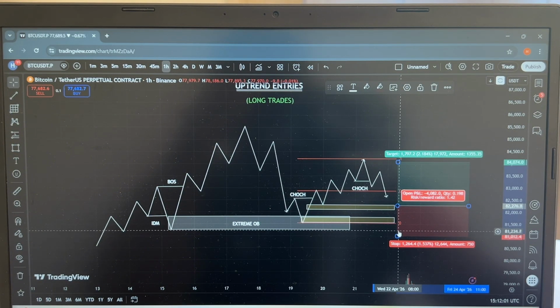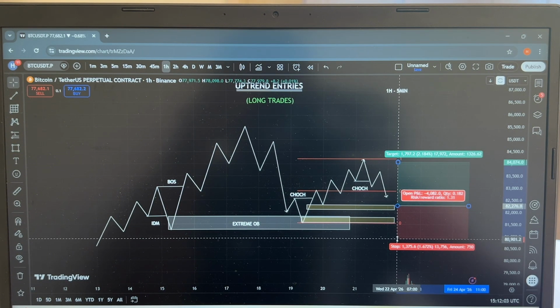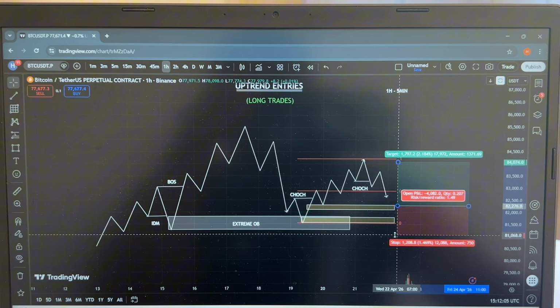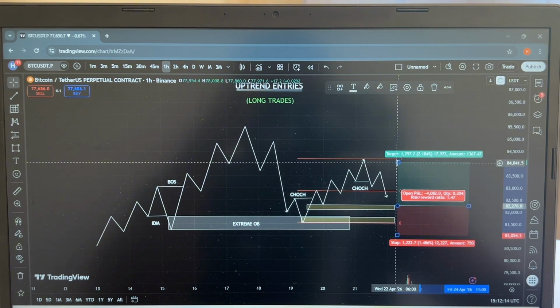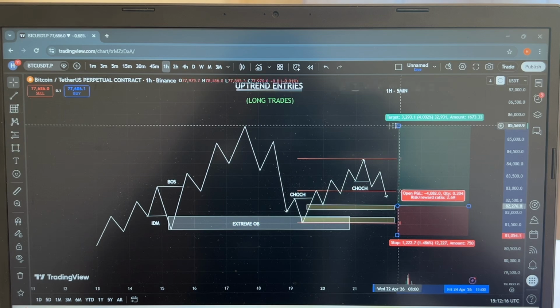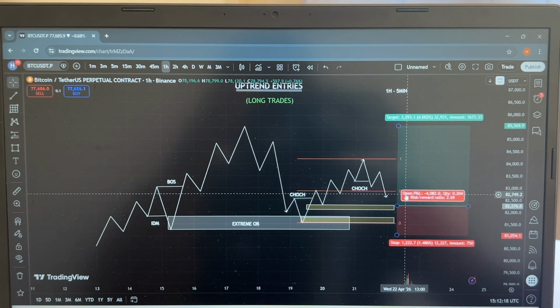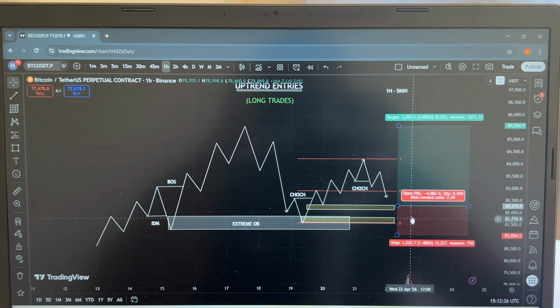Some people do it this way: use your risk management well, buy a smaller amount of contracts, and then wait until it hits all the TPs. Always keep in mind, we are going to have multiple TP levels. I'll tell you where to get the TP levels in a bit, but first of all, these are the points where we are going to put our entry levels.